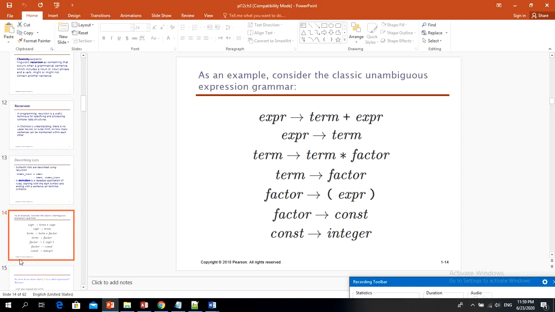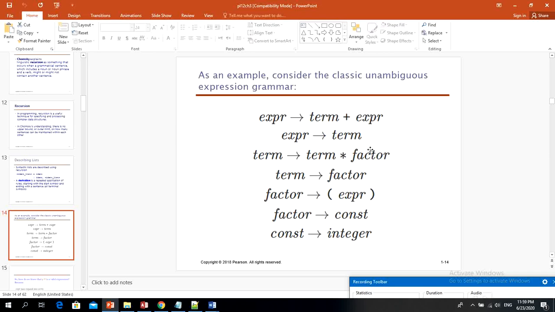For example, if you look at this example, this is a classic unambiguous expression grammar. If you look at the expression here, that means expression can determine term plus expression. So the expression may expand into term plus expression.